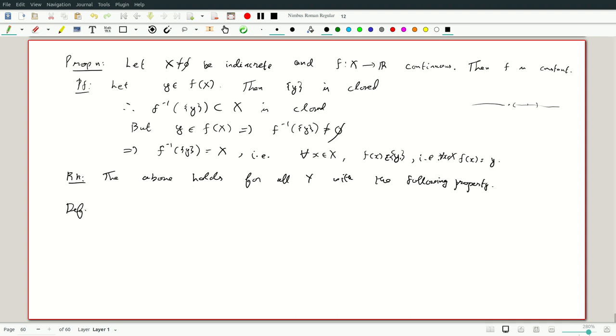Definition: we'll say that a space, I'll call it Y here, is T1 if every point in Y is closed. That means every point is closed as a singleton set. This is one of the separation properties we'll see in detail, but it came up naturally.